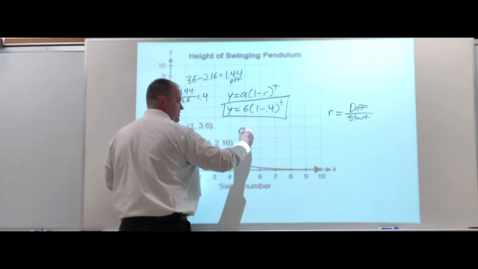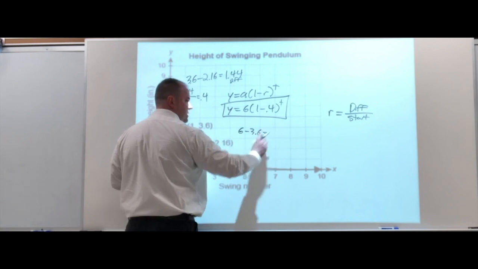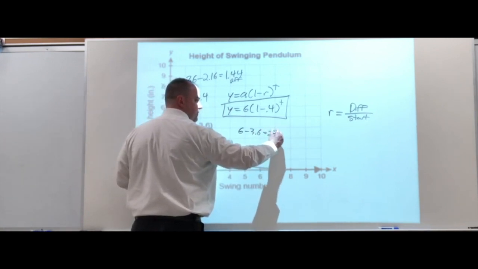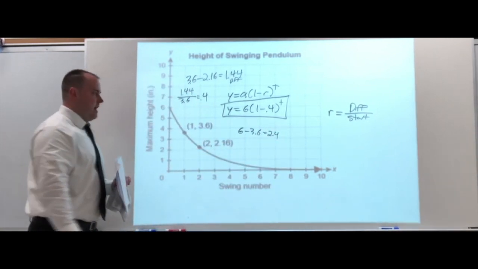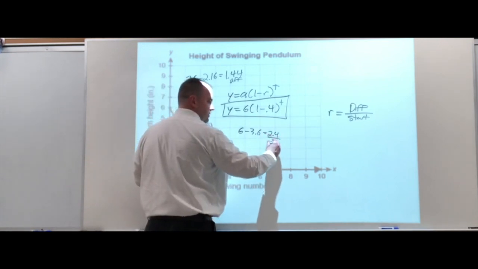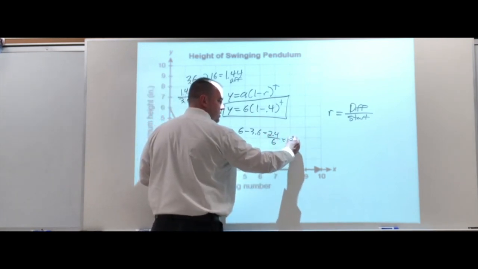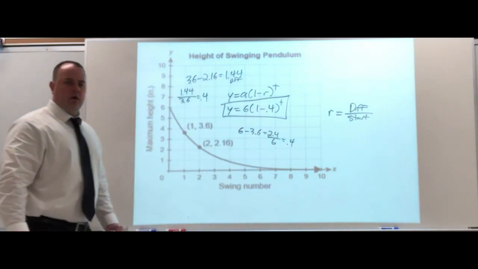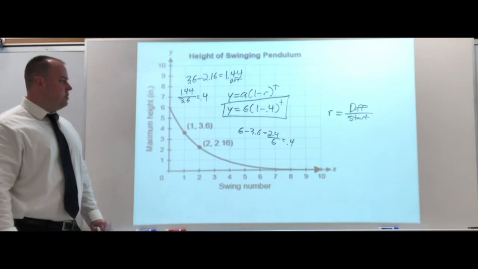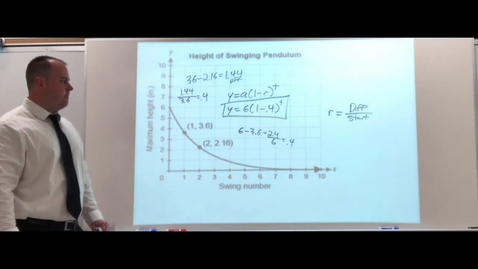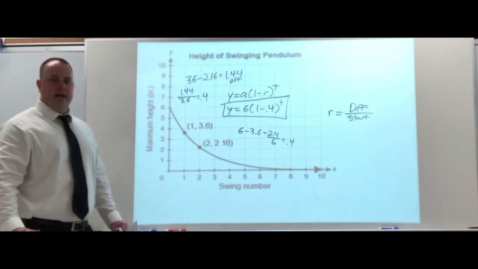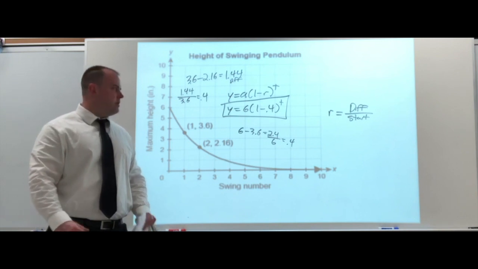Well, 6 minus 3.6 is 2.4, and 2.4 divided by 6 gives you 0.4 again. So it works out the same way. Pick any 2 consecutive points, difference divided by start. So there's the end of 8.1 exponential functions.